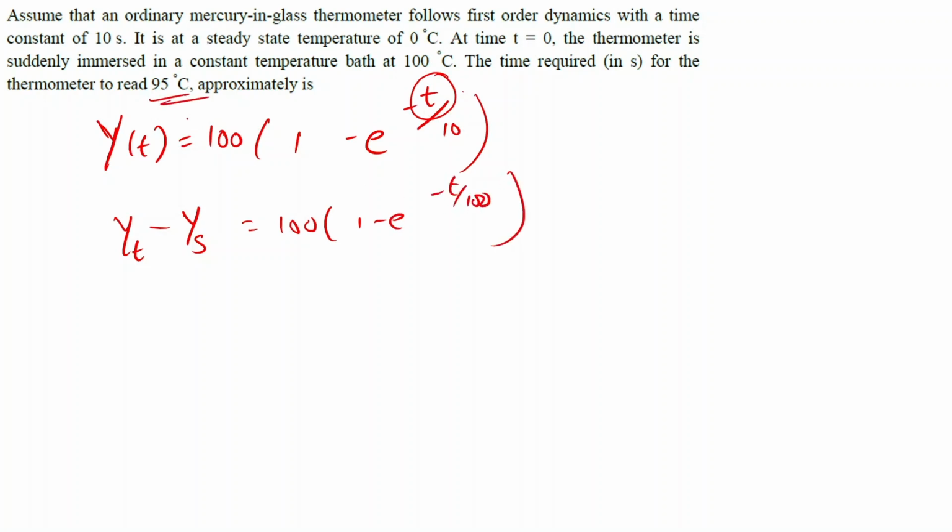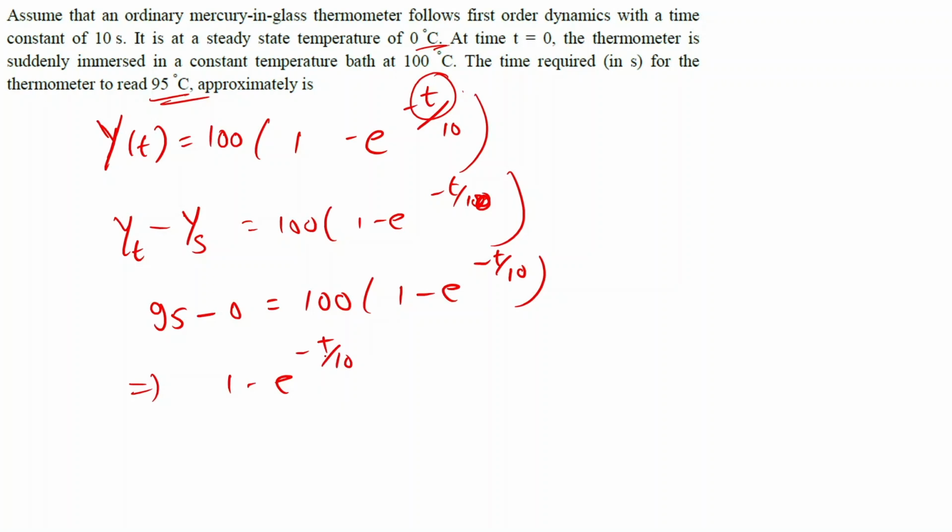Y at the given time is 95 degrees Celsius, and at steady state the temperature was 0 degrees Celsius. So basically 1 minus e raised to minus t by 10 is equal to 95 upon 100, which is 0.95.